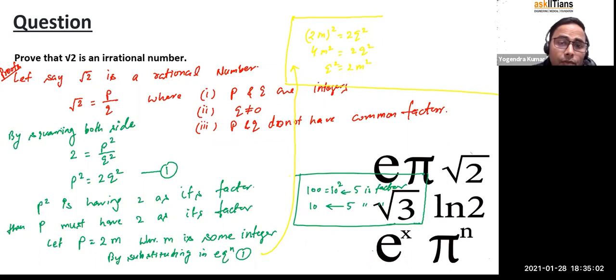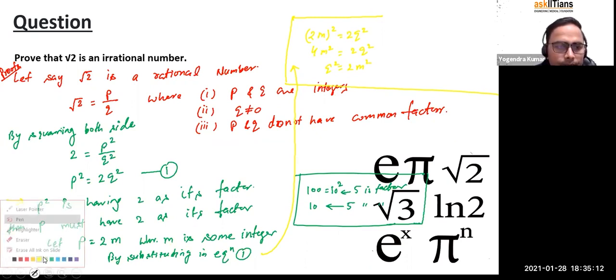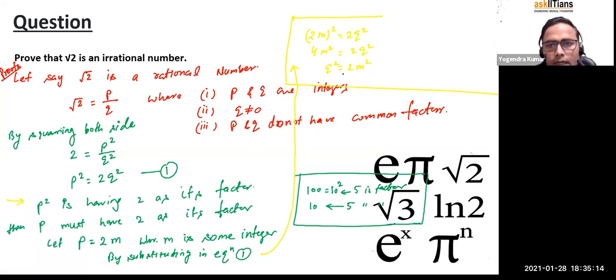Now what we conclude from here? Can you come back to this statement? We say that q square is having factor 2. So q is having factor 2.